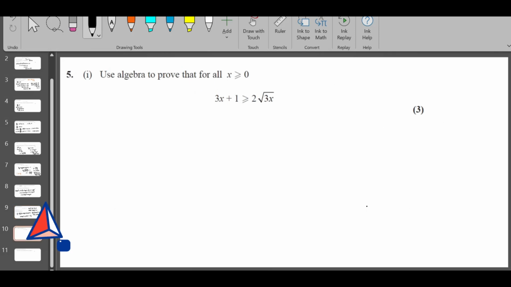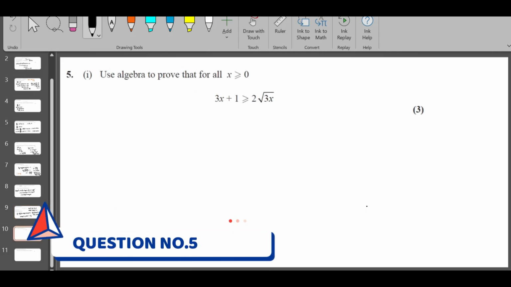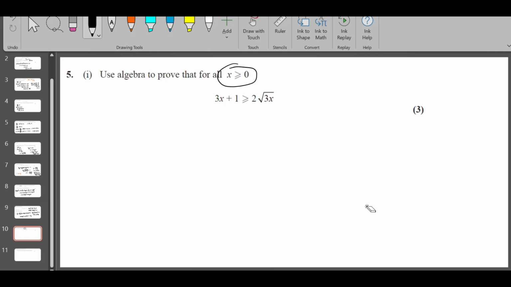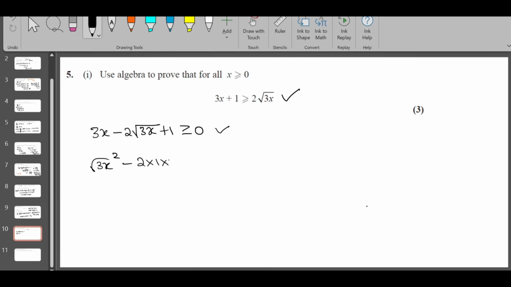Question number 5. Use algebra to prove that for all x greater than or equal to 0, this is this. I'm going to move everything to the same side. 3x minus 2 root of 3x plus 1 is greater than or equal to 0. Proving this is same as proving this, right? Can I write this as square root of 3x whole square, minus 2 times 1 times square root of 3x, plus 1 square?